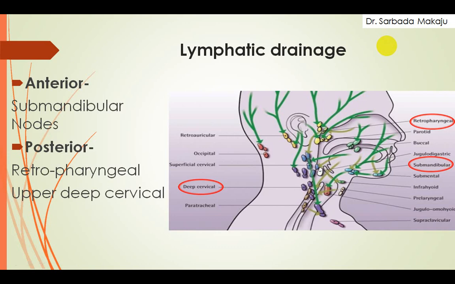Now the lymphatic drainage. The anterior part of the nasal cavity drains into the submandibular lymph nodes. The posterior part of the nasal cavity drains into the retropharyngeal lymph nodes.